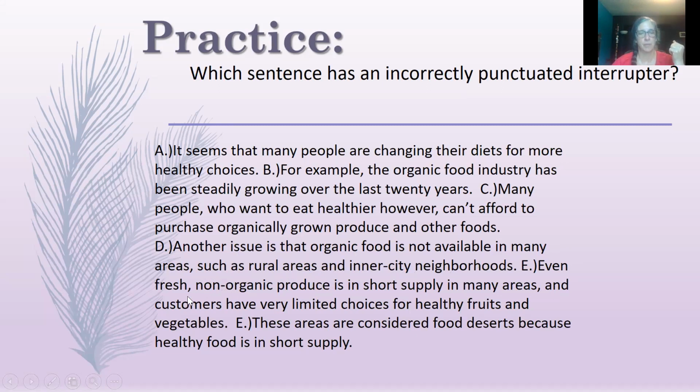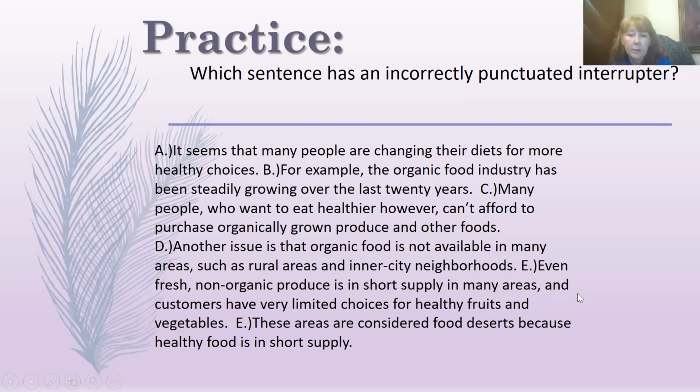Even fresh, comma, non-organic produce. What's that comma doing, Joey, between fresh and non-organic? Separating two adjectives. Perfect. Non-organic produce is in short supply in many areas, comma, and customers have very limited choices for healthy fruits and vegetables. And what's this comma doing in front of and? What do you suppose we're doing there?